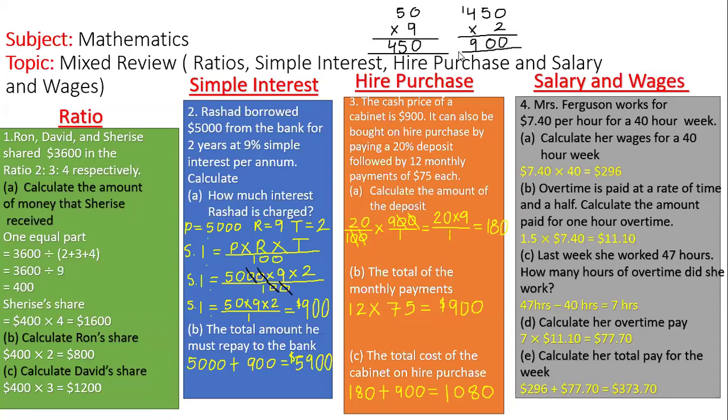Okay. Wow. There's a lot of mixed responses in there. Some people saying simple interest, some people saying ratio, some people saying hire purchase. Laura Green, you said all? I did. Okay, all right, good.